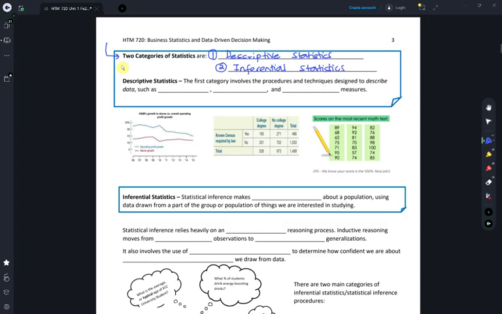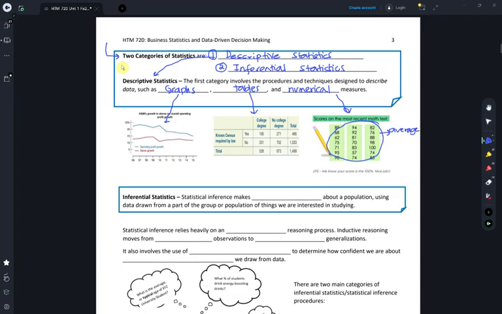You see, in the world of descriptive statistics, this involves the use of graphs, tables, like this one, and numerical measures. Think about the mean, the average of the scores. That is an example of a numerical measure.